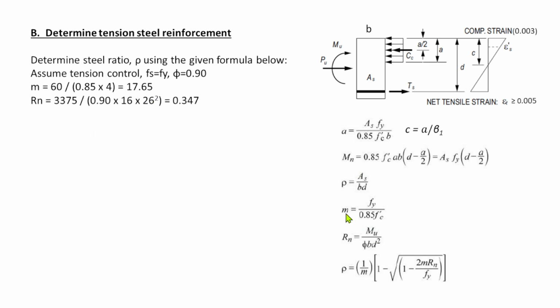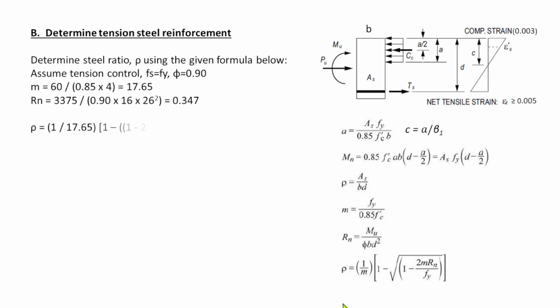For Rn, we have the moment. We already calculated the moment, which is 33.75 all over 0.9 times 16 times 26 squared. Then we will get 0.347, the value of Rn.